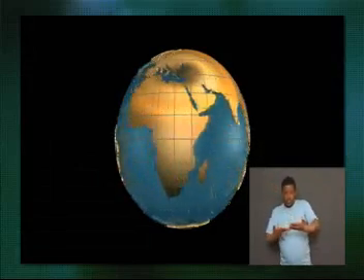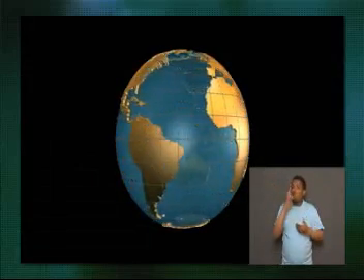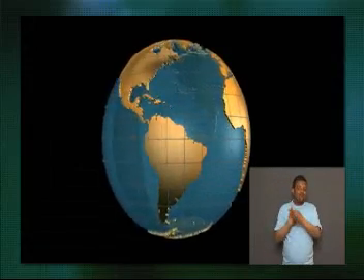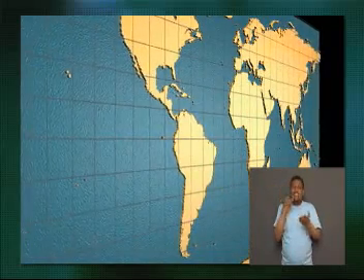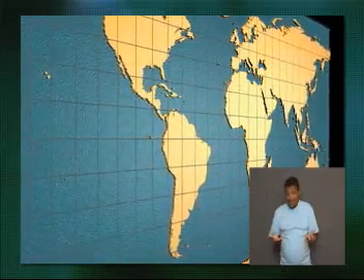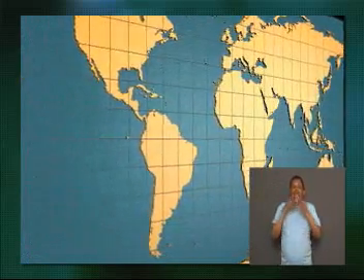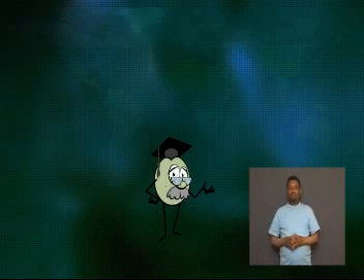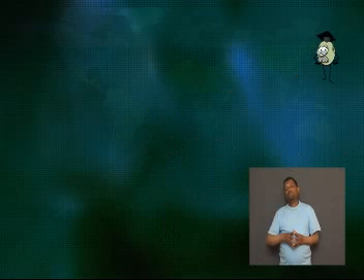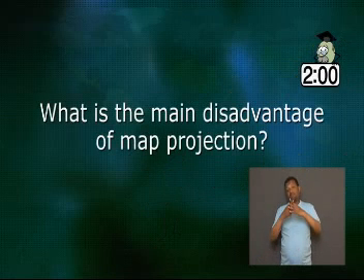However, map projection does have one main disadvantage. Students, can you think of what that disadvantage might be? Brainstorm with a partner and write your answer on a piece of notebook paper. Students, let's get ready. Begin.